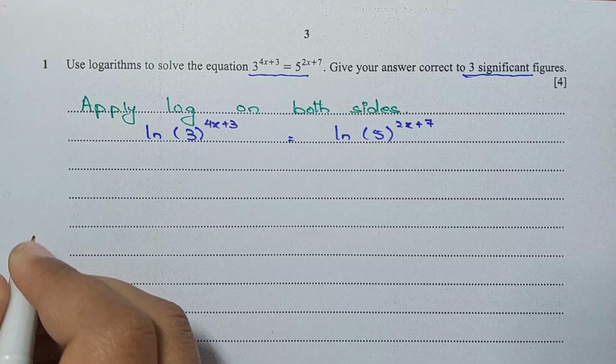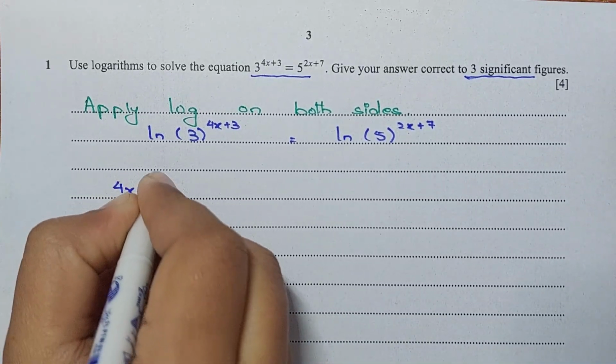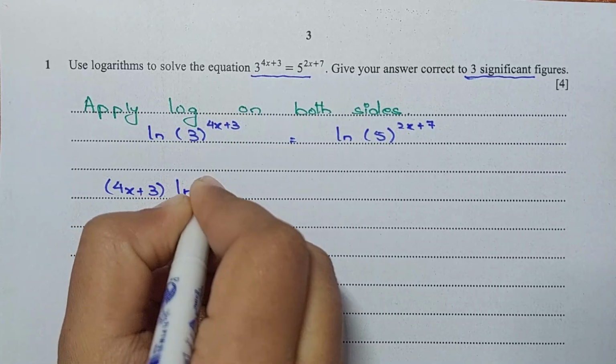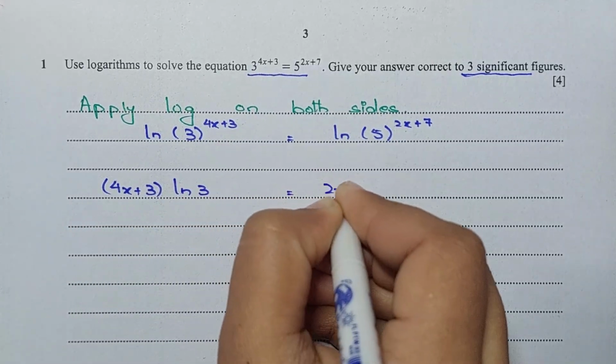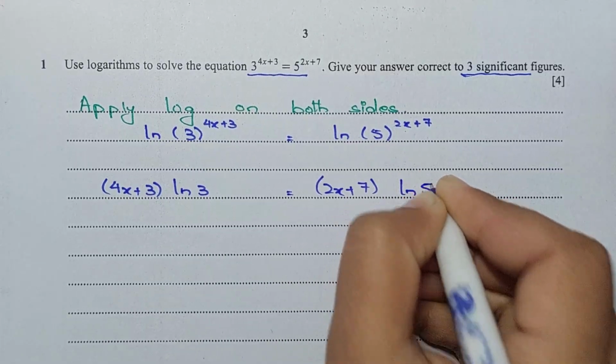Applying the power rule of log, the power comes before the log. 4x plus 3 is the power which comes before natural log of 3, and 2x plus 7 comes before natural log of 5, right?